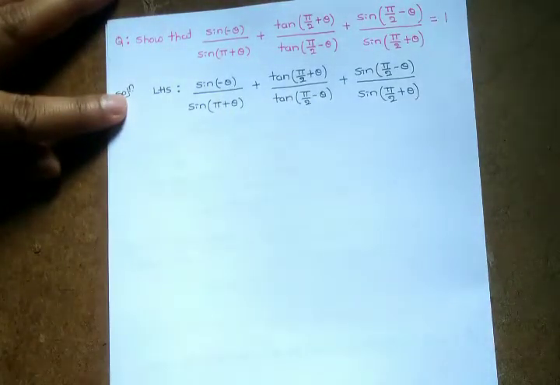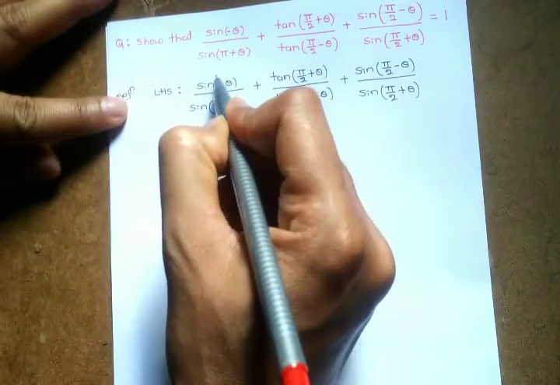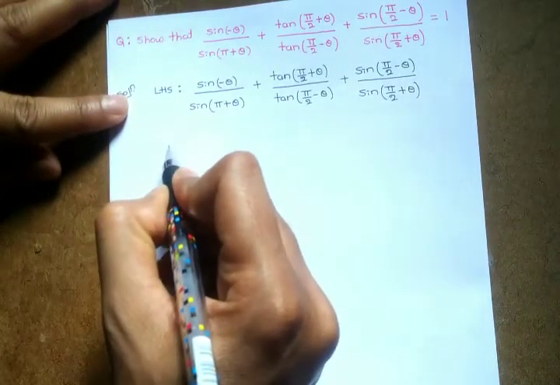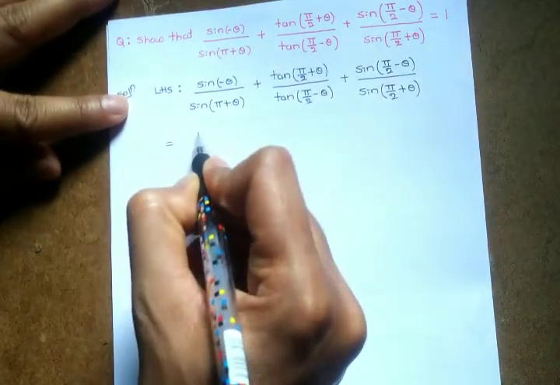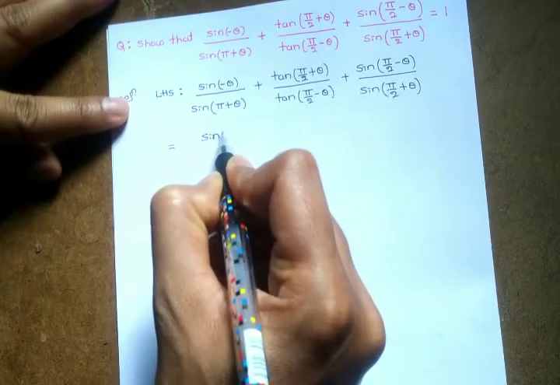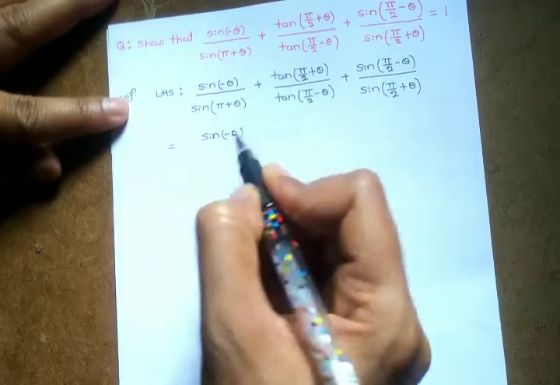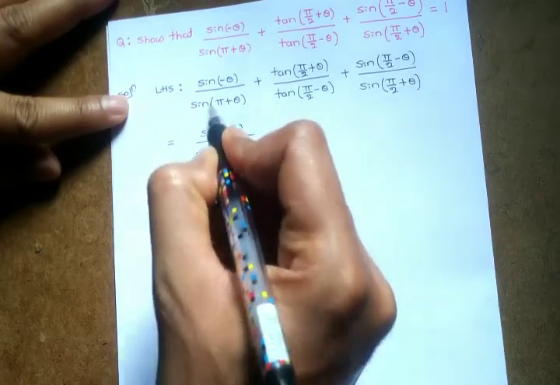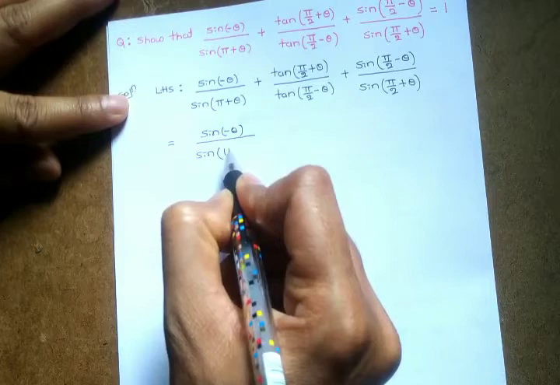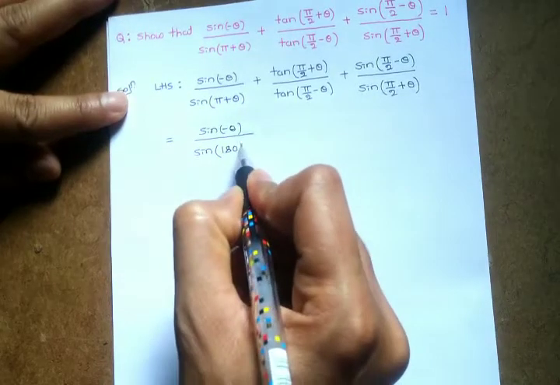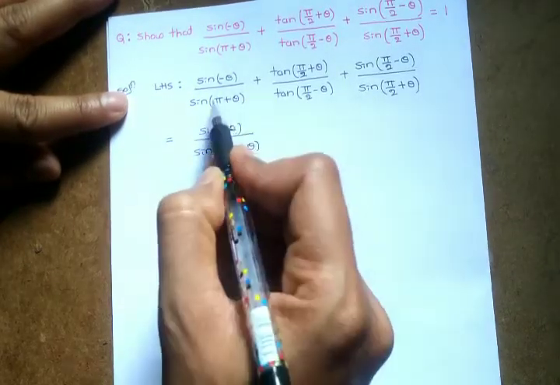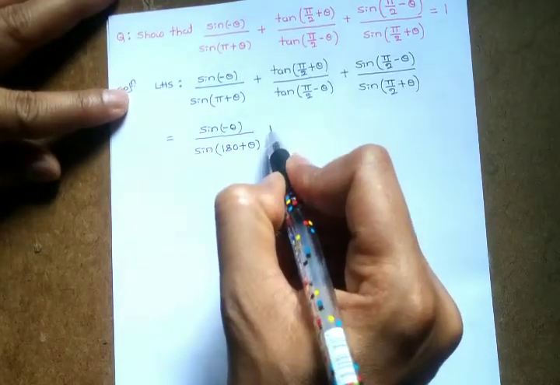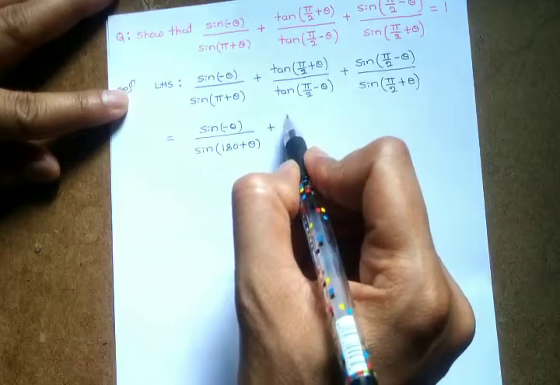So first formula is sin(−θ), I am going to keep it as it is, divided by, again sine. Pi radian means 180 degree plus θ. Plus, again pi by 2 means 90 degree.